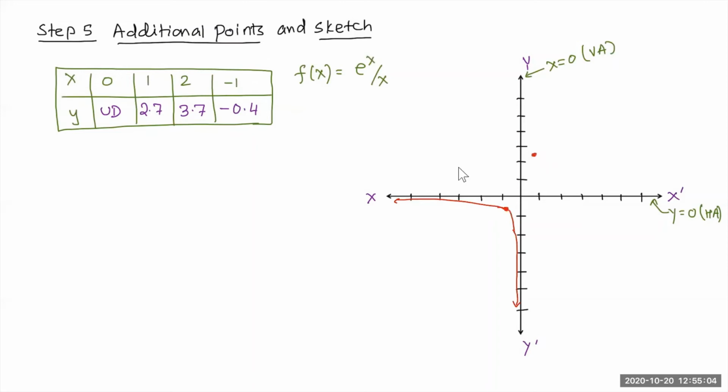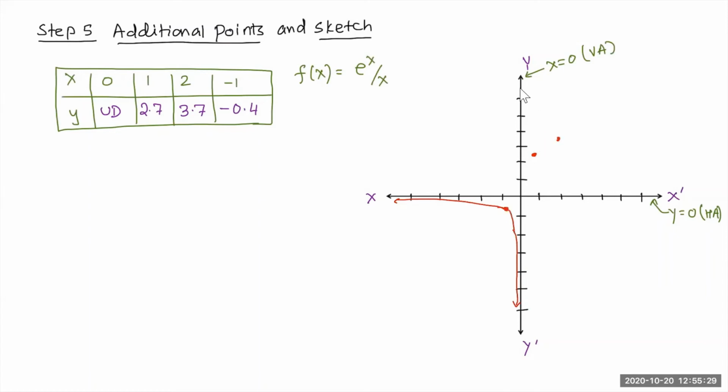And then after that, when it is 2, it is 3.7. It's going up now. That is 3 and 0.7. So it is there. Now what we know is this is the vertical asymptote.